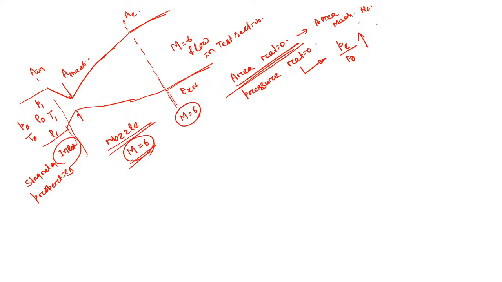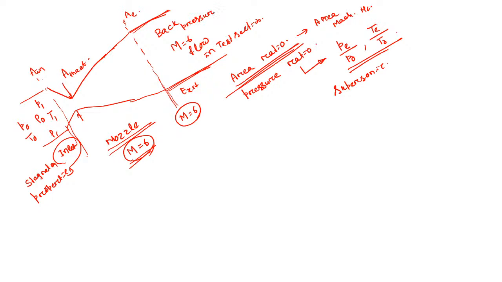We also have the exit pressure to the total pressure, and exit temperature to the total temperature. These conditions are already known for supersonic flow. The exit condition is typically controlled through a back pressure mechanism.